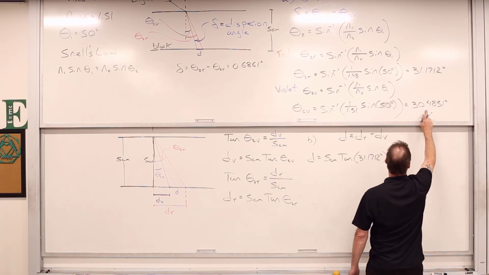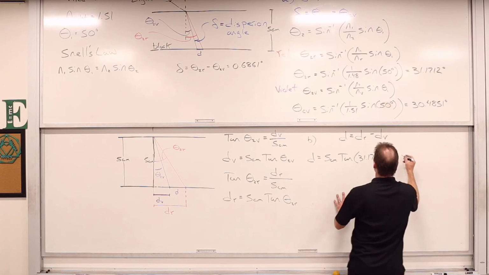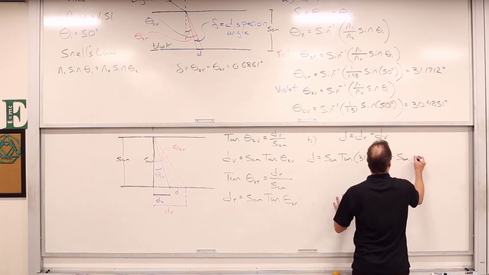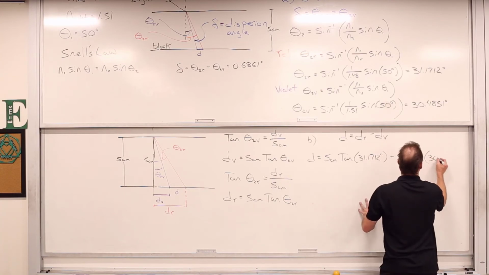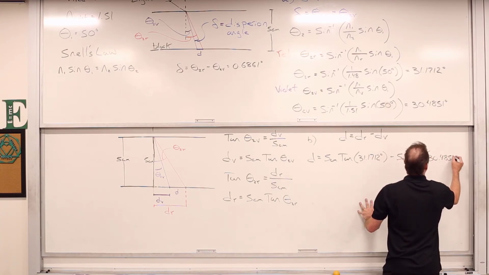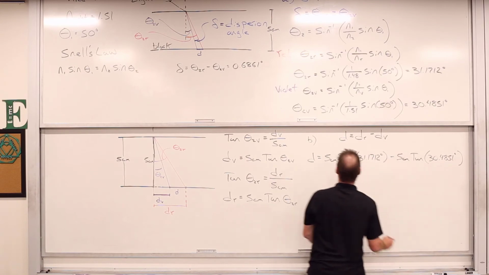Excuse me, theta 2 violet, not 2 times theta 2 violet. So we got 5 centimeters times the tangent of 30.4851. And there we go.